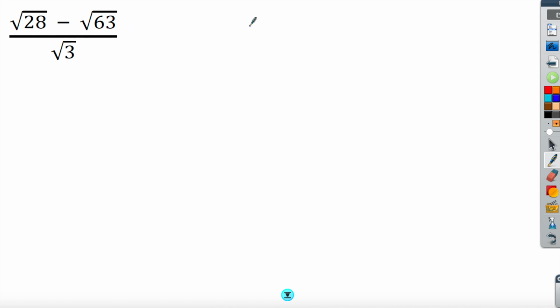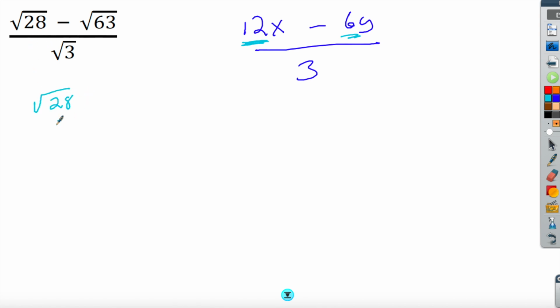If I had something that looked like this, 12x minus 6y all over 3, I can only simplify these as long as both numbers, the 12 and the 6, are divisible by 3. The same is true for this one. So looking at this one now, currently I cannot reduce these. So what we're going to do now is look at radical 28 and see if I can break that down.